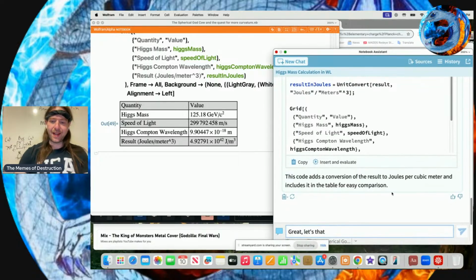So let's take that result and divide it into the universe vacuum energy density.